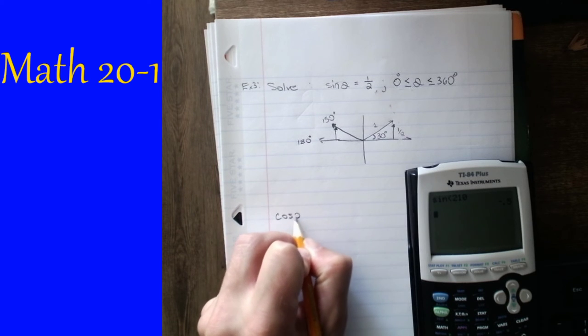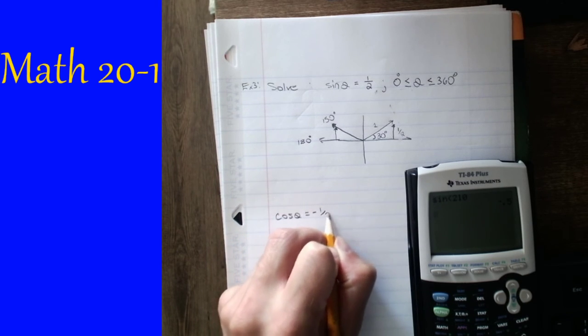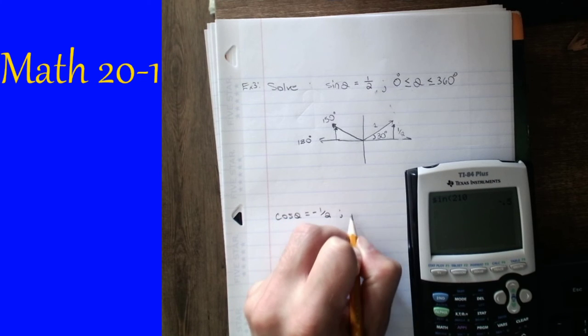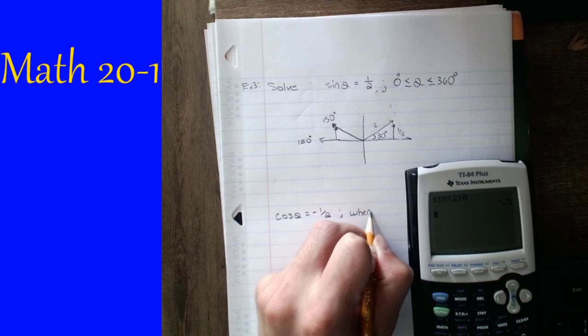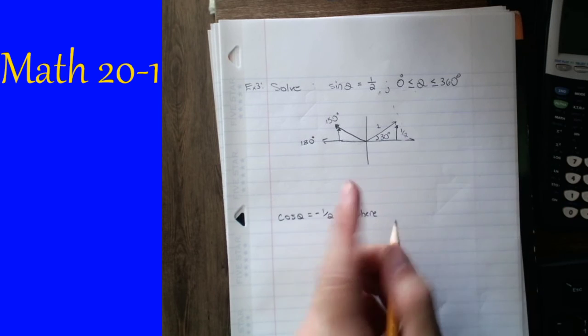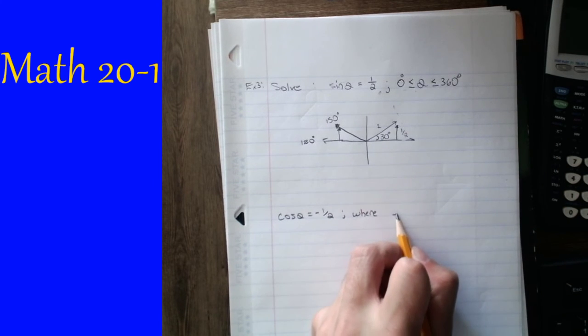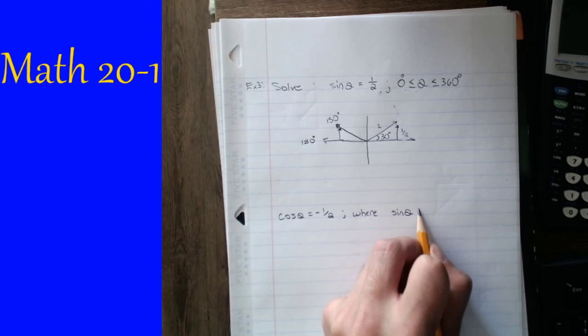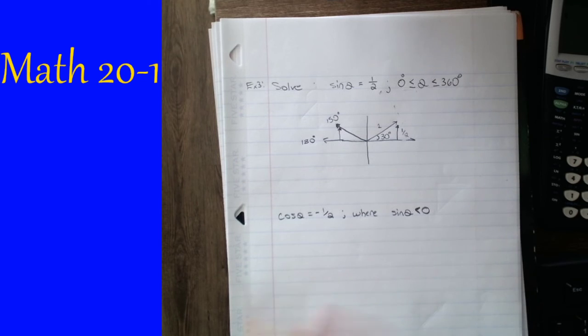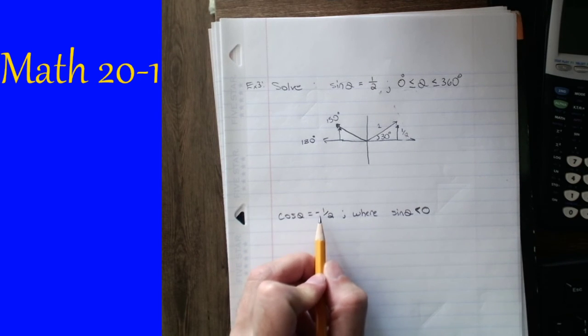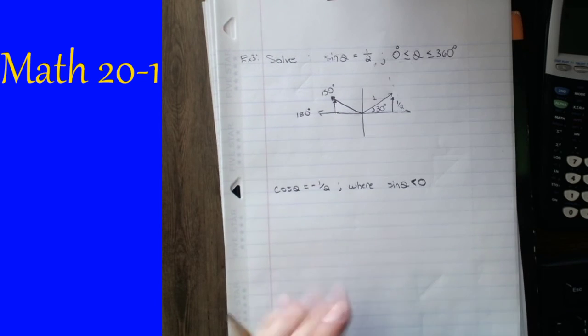The cosine of the angle is equal to negative 1/2, where sine of the angle is less than 0. So that's telling me that sine of the angle is negative. Cosine of the angle is equal to negative 1/2.